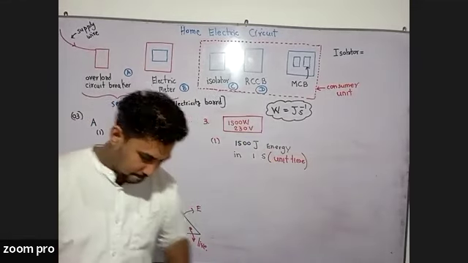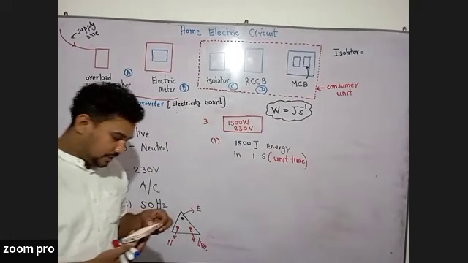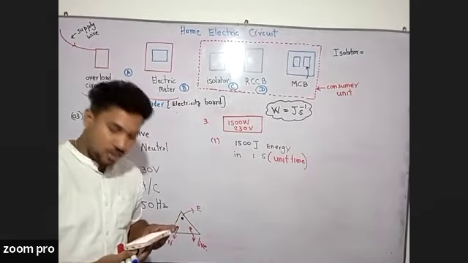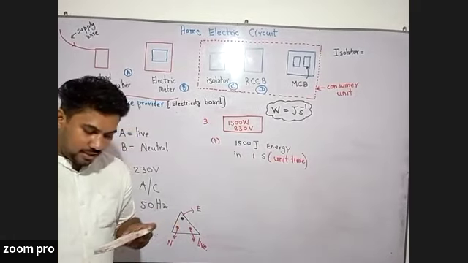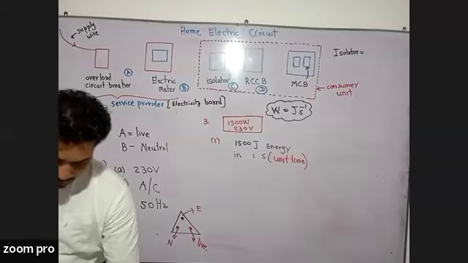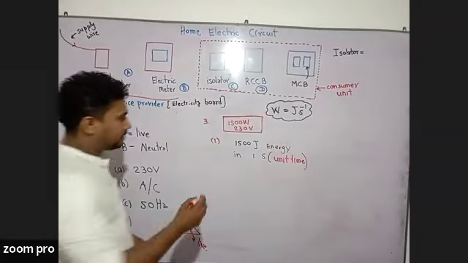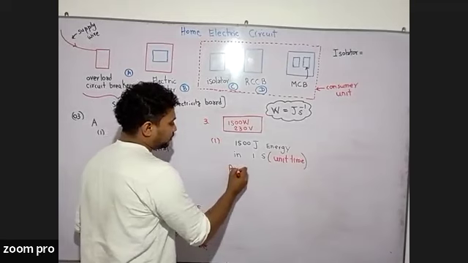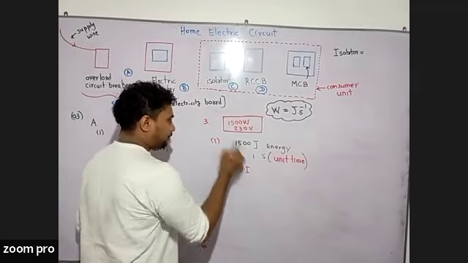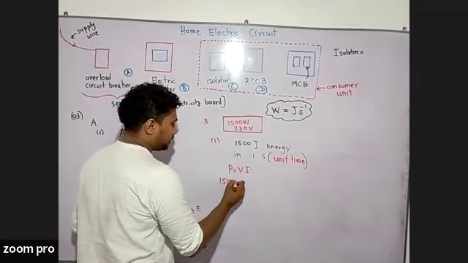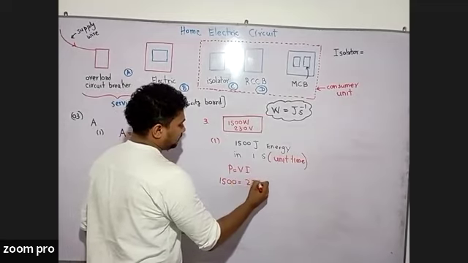Right. Then when this electric cooker is completely in function, find out the current flowing through the heating coil. Right. So now we already know this equation. If I substitute, it should be this one. Right.